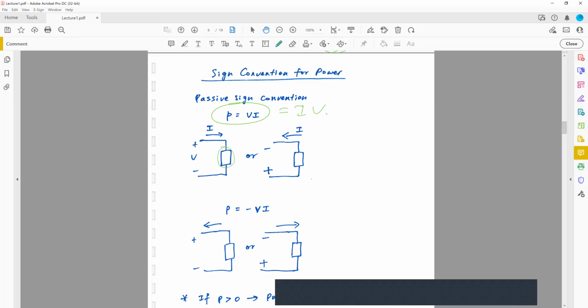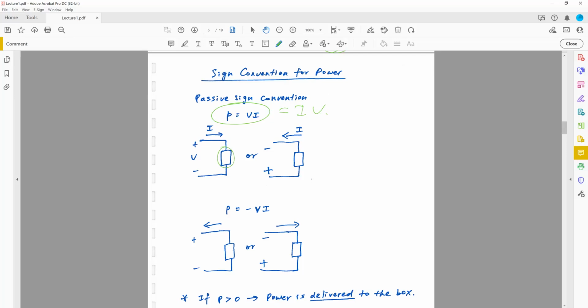So if I have some passive element, let's say I have a resistor here, and I apply some voltage across this resistor, I expect to see some current flowing into this resistor. So if I want to calculate the power delivered to this resistor, it's simply P equal to V times I.